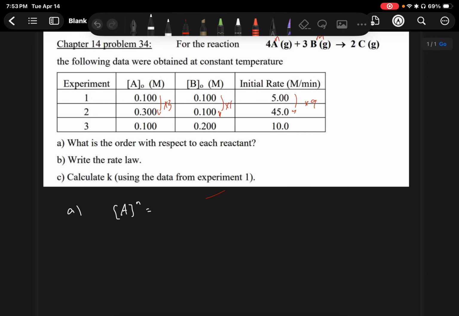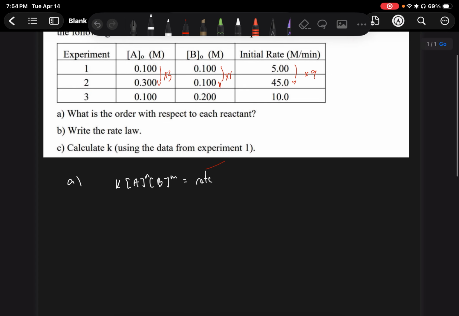Okay, wait, let me just do this another way. How do I even write this? Okay, so we're gonna write these two. We're gonna write these in the, like, K expression, I think it's called.